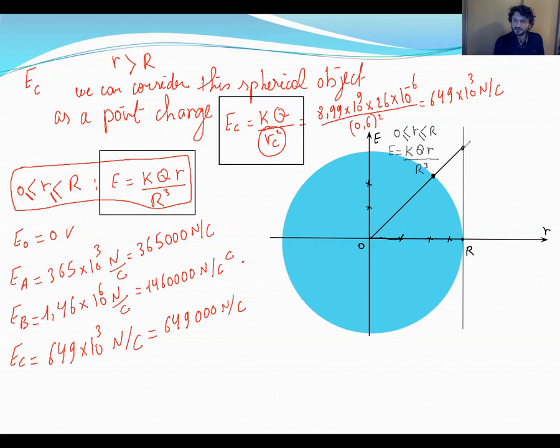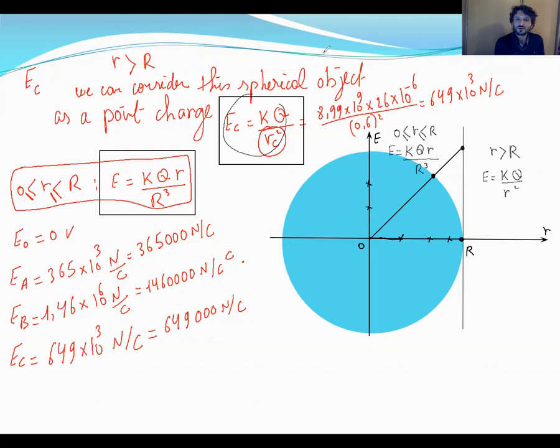Now, at this point, if the small r is greater than the radius of the sphere, from this point up, we have E equals K Q divided by r squared.